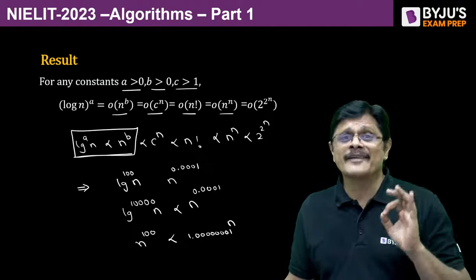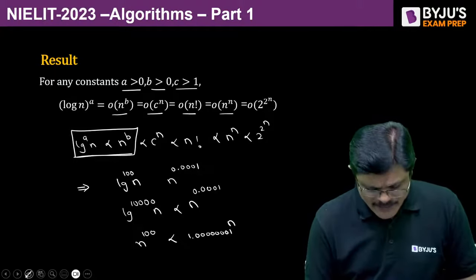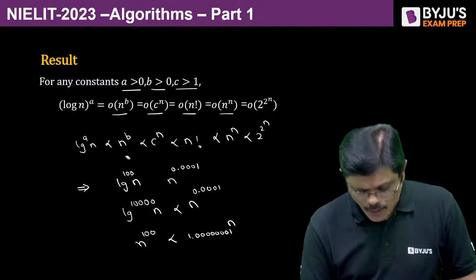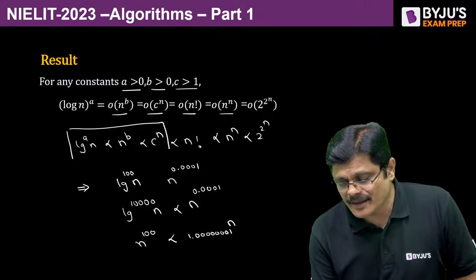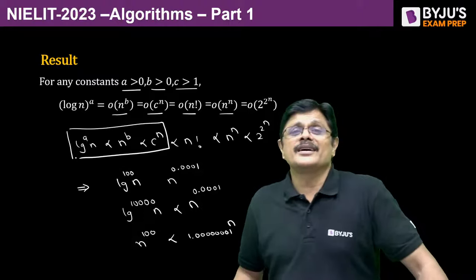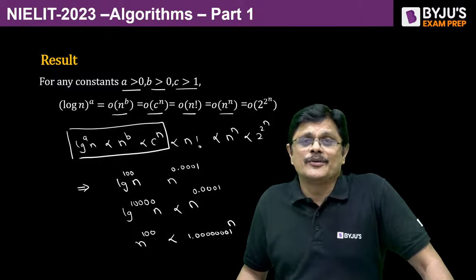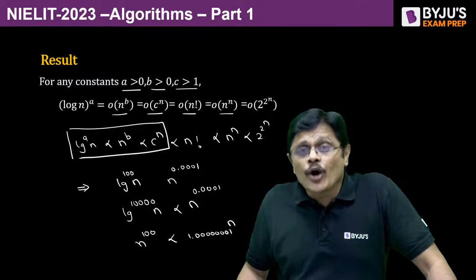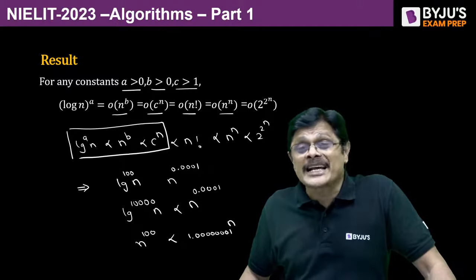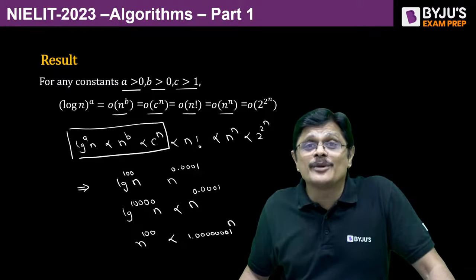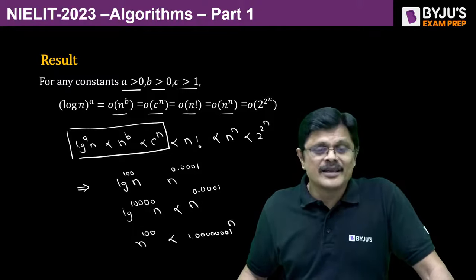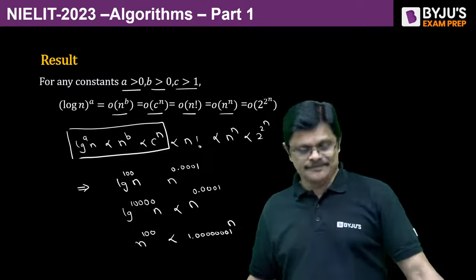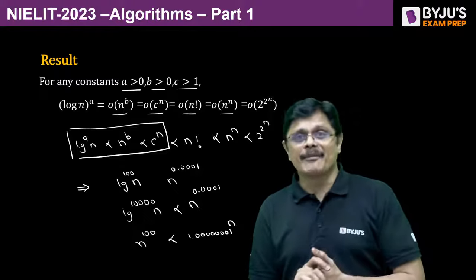This you should always remember. This is one of the important ideas, the basic order of growth. Polylog is asymptotically smaller than polynomial, which is asymptotically smaller than exponential. This is very important, so please remember this.